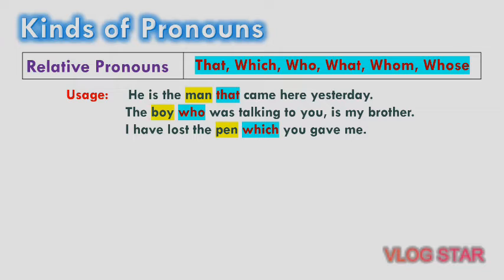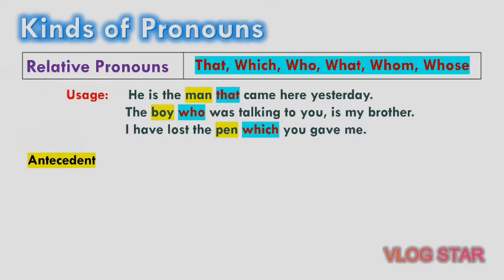So we see that the relative pronouns are actually referring to a noun which precedes them. The relative pronoun qualifies a particular noun which is placed immediately before it. That noun is grammatically called an antecedent.